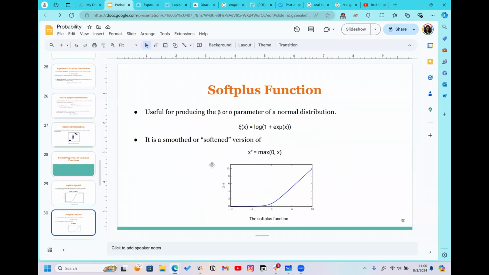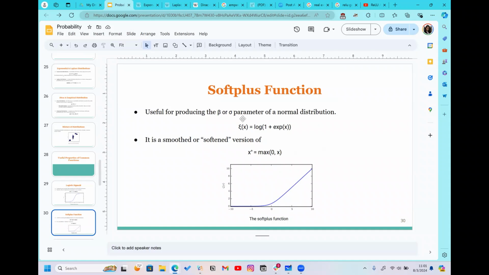Then we have softplus. Softplus is a smoothened version of max of 0, comma x. This max of 0, comma x is nothing but a ReLU function, right? So instead of being a sharp rise at 0, it's smoothened out at that point.